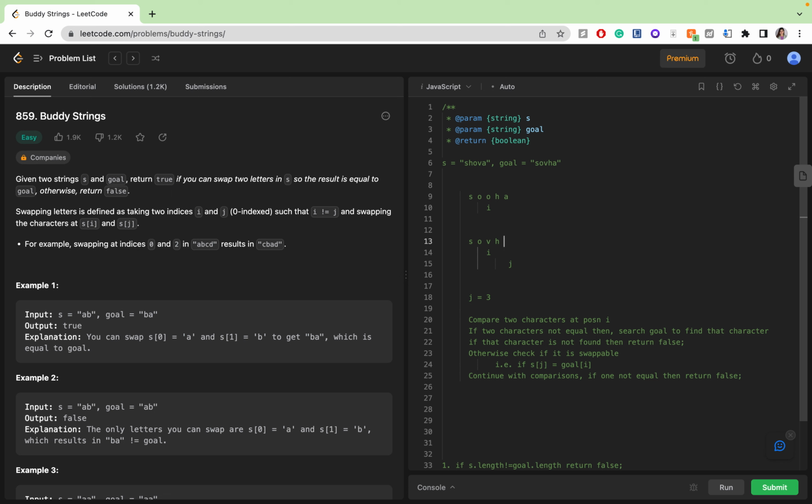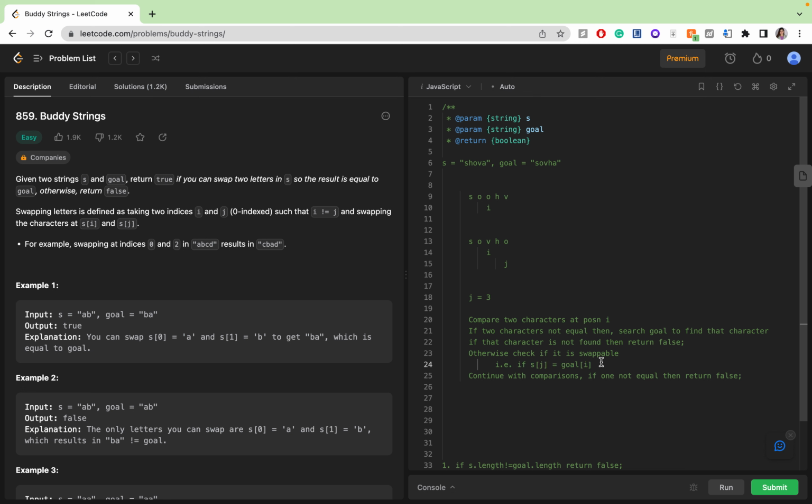So suppose O is here, then I need to check, right, if sj at this position, so 0 1 2 3 4, I also need to find at this position there should have been b, then only I would be able to swap, right, O and b.